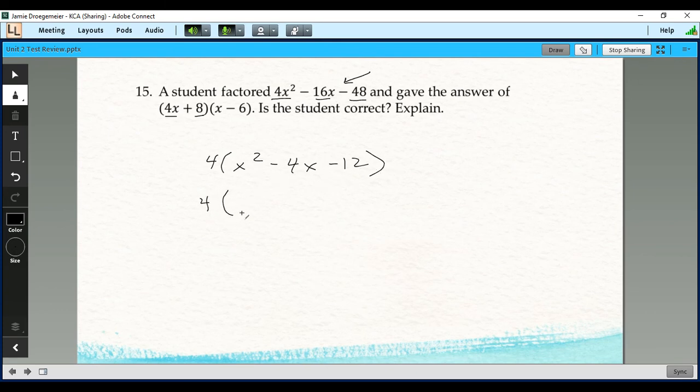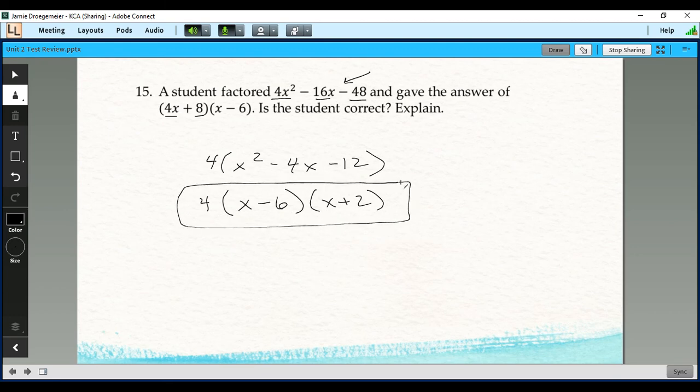This one is going to factor to x minus 6 and x plus 2. And so this is going to be our simplest form, our factored form. So in explaining why the student wasn't correct, we would want to say that he or she didn't factor out that greatest common factor of 4, and so they didn't have the solution factored completely.